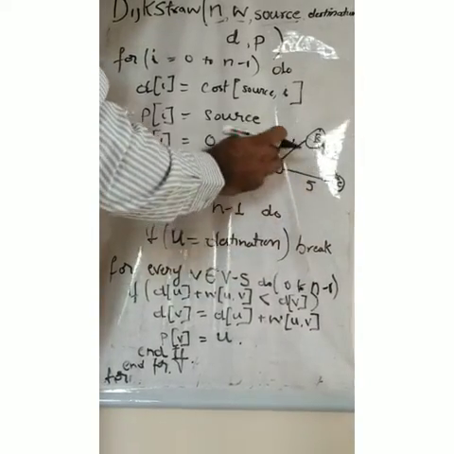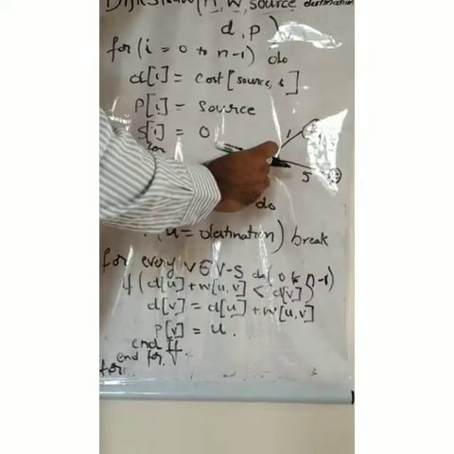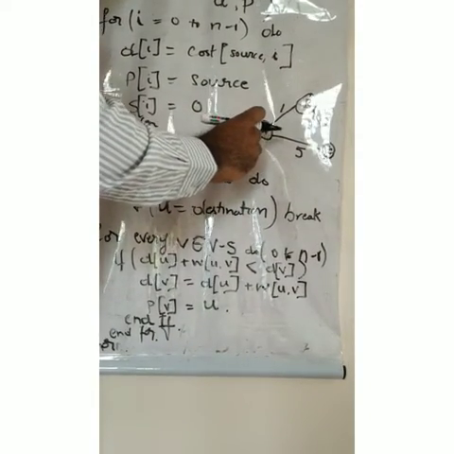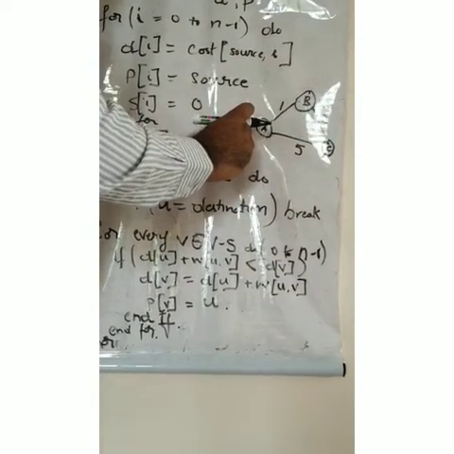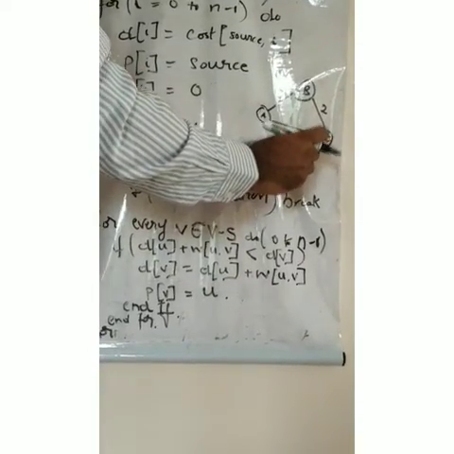Now you take one source, A, and admit that. We make it S. The remaining vertices in V minus S are B and C.